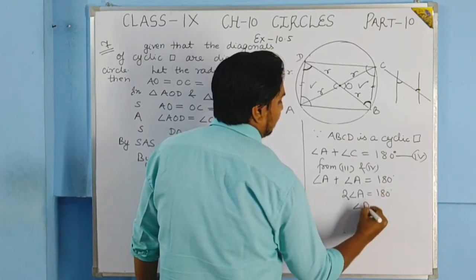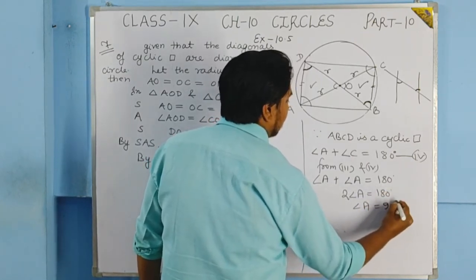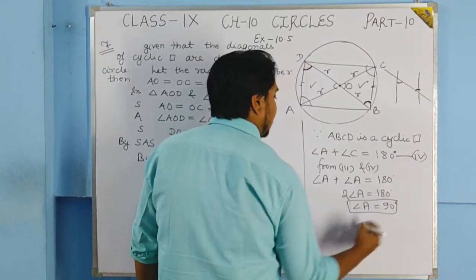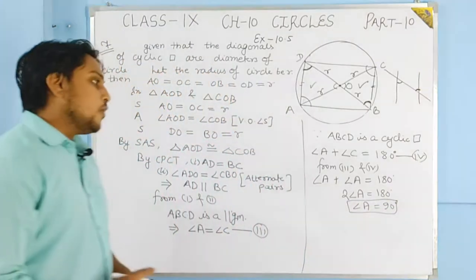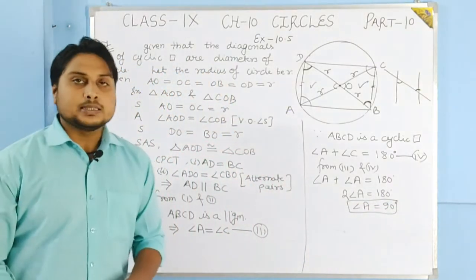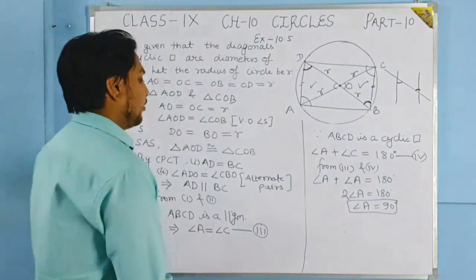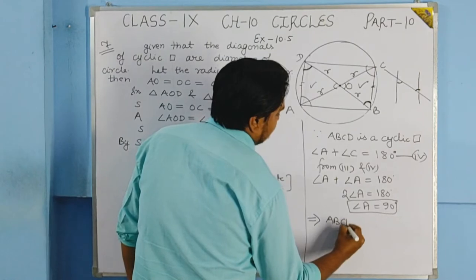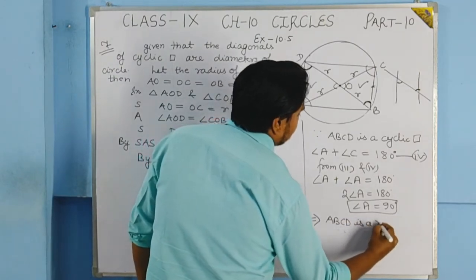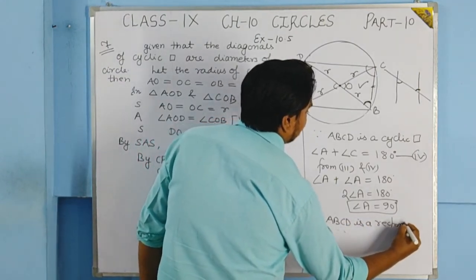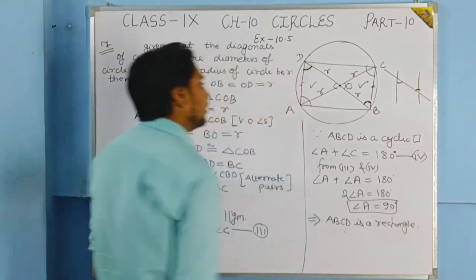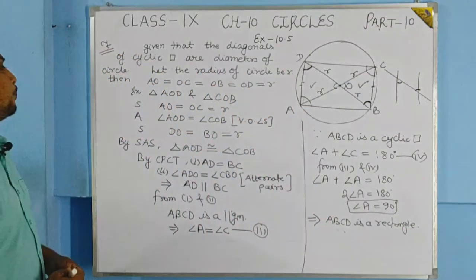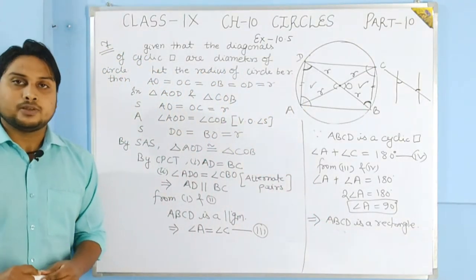So angle A will be 90 degrees. And if one angle of a parallelogram is 90 degrees, then this will imply that ABCD is a rectangle. Okay students, so this is the proof of question number 7.